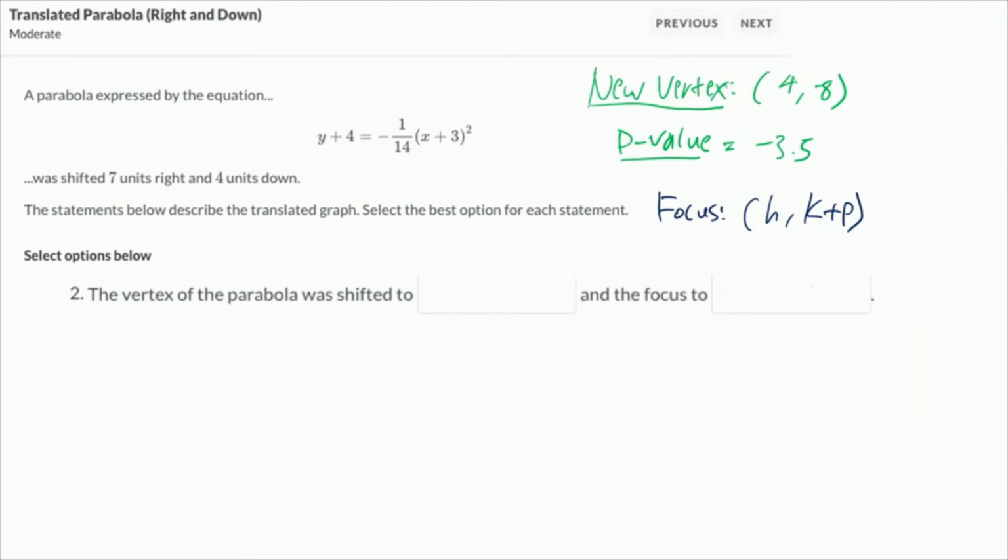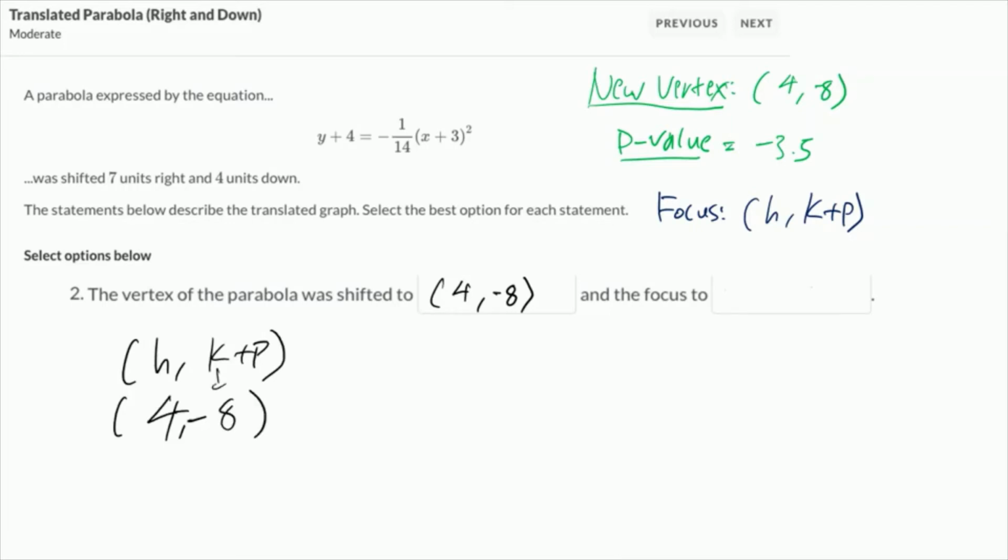2. The vertex of the parabola was shifted to blank and the focus to blank. Now remember that our new vertex that we found was 4 comma negative 8. So the first thing that we can fill out is 4 comma negative 8. Now we're going to need to find the focus. Our focus would just be h comma k plus p, right? Our vertex is 4 comma negative 8.